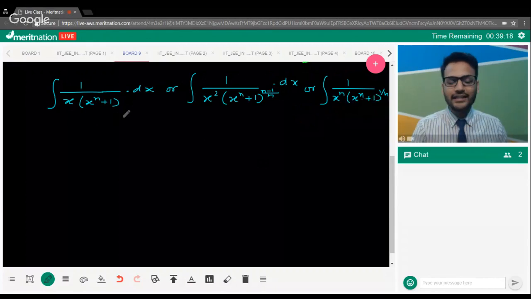In all the three types, such forms, it's just one form.